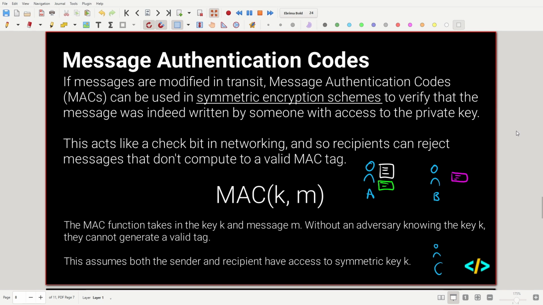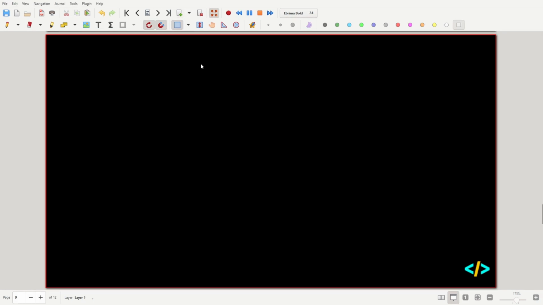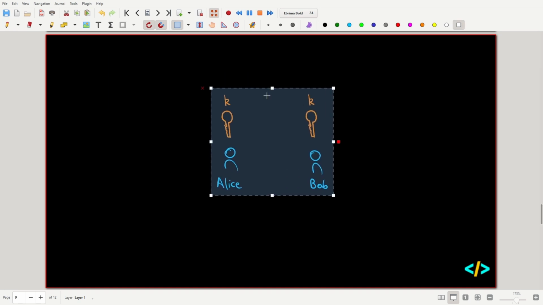Symmetric encryption schemes, all that means is if we have two people, they both share the same key. Let's say I'm going to draw a very bad key. Okay, this is our key, K. Both Alice and Bob have this key. I think an example makes this a bit clearer. So we have Alice and Bob.